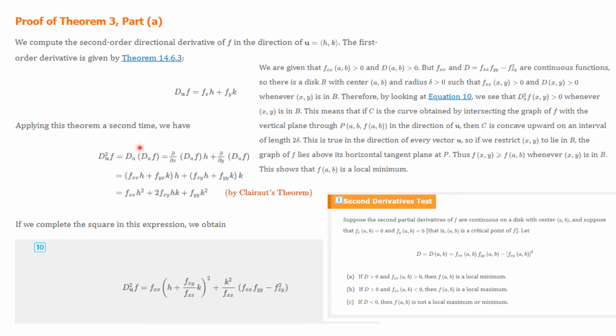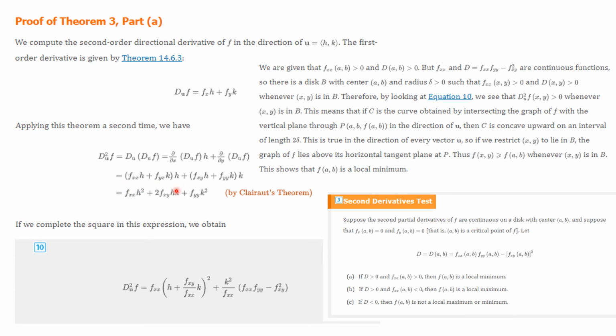So you see, when we do that, it's going to be the directional derivative of the directional derivative, again in the direction of u. So it's going to be partial with respect to x of this dotted with h and dotted with k. There's a k here that got erased.